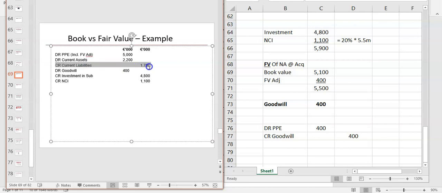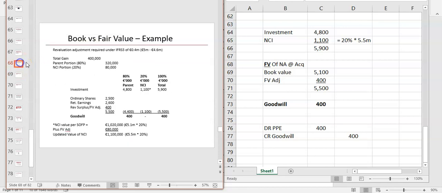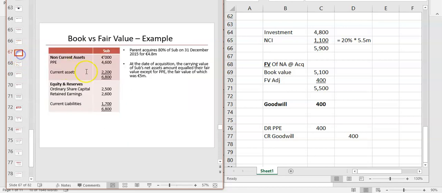Bring in the sub's current liabilities. Get rid of the investment from the parent, and recognize your goodwill and recognize your NCI for the first time. So that is a viable one. That only works when you have a statement of financial position at the acquisition date, so you know exactly what your subsidiary's assets and liabilities are. Often in an exam question you won't.